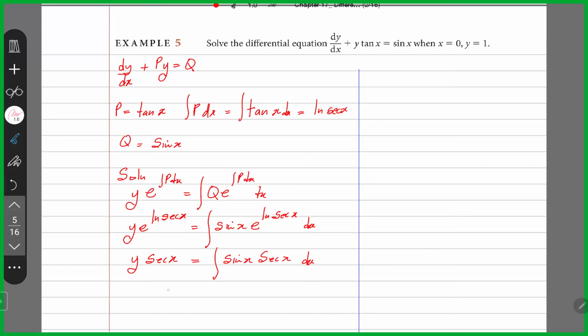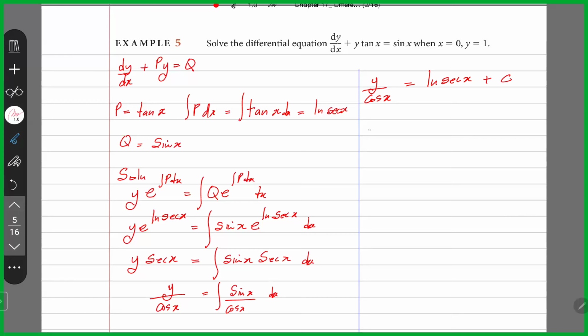So let us say that this is y over cos x is equal to the integral of sine x over cos x dx. But sine x over cos x is just what? Tan x. So y over cos x would be equal to ln sec x plus c, the constant of integration.